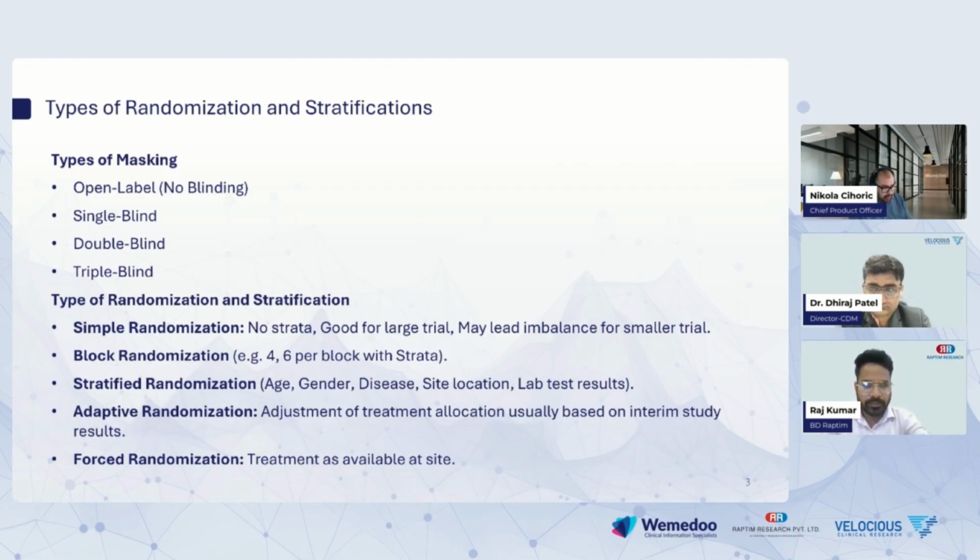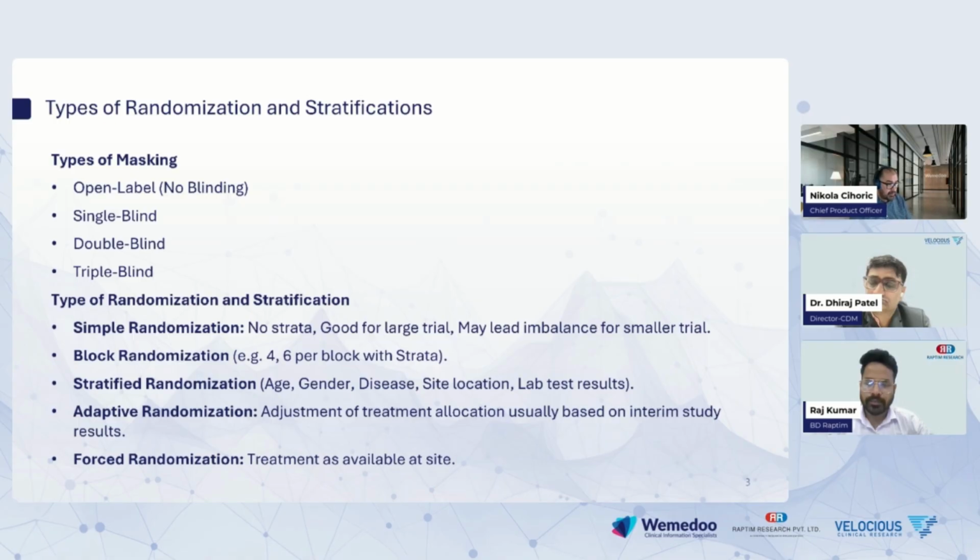Then there is block randomization, constructed to prevent those imbalances and to reduce the risk of bias. Usually you have 4 to 6 patients per block with different kinds of stratification. Regarding stratification, it's important to know that we can stratify patients usually by age, gender, disease properties, sometimes site location, sometimes various lab test results.